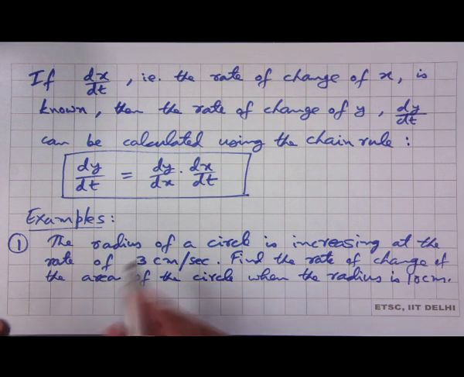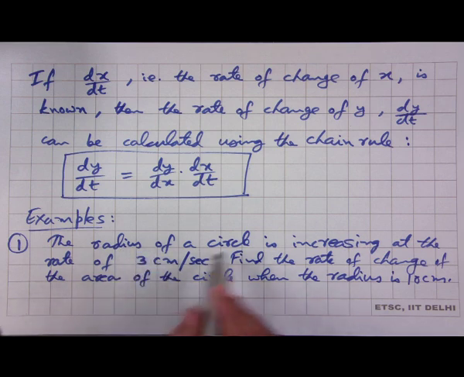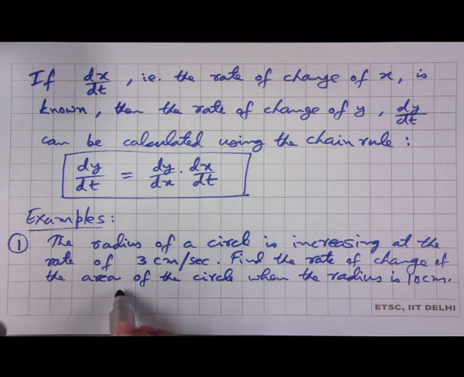So, what is given here is that the radius of a circle is increasing at 3 centimeter per second, and we have to find the rate of change of the area of the circle when the radius is 10 centimeter.